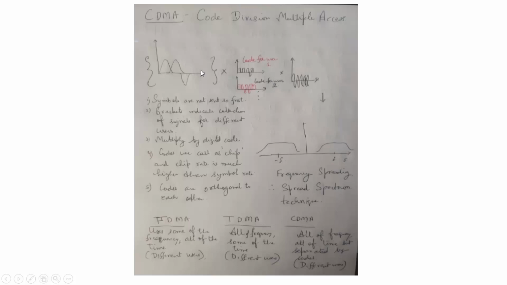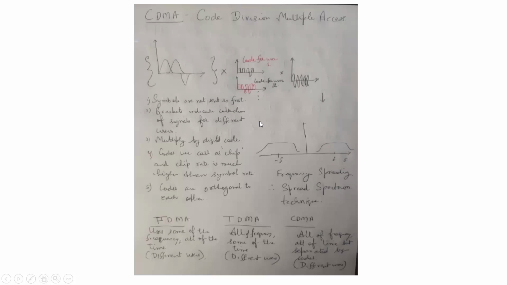Once you multiply the data pulses with the chips and the carrier frequency, and take the Fourier transform to see the spectrum in the frequency domain, since these are high rate chips, you will get a spectrum centered around f and minus f on the negative side, but a broadened version of the spectrum, right?